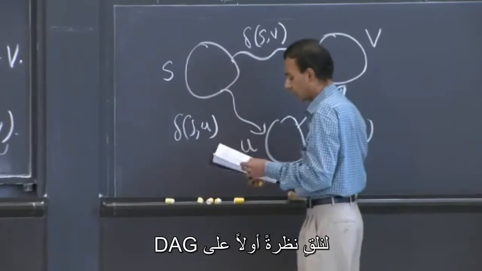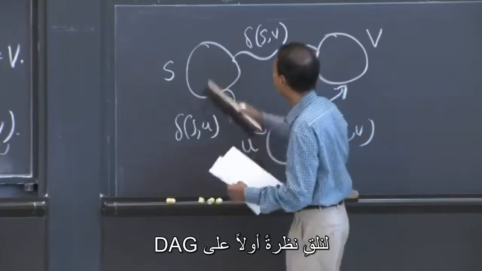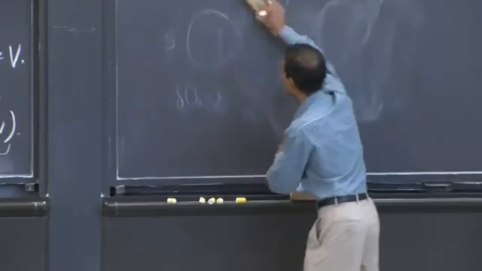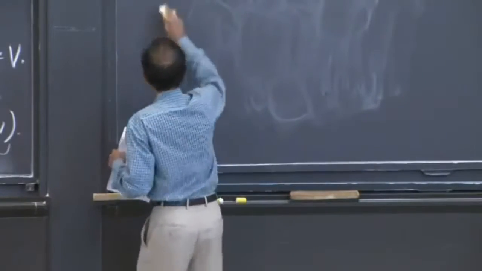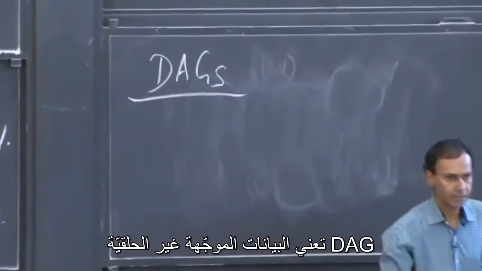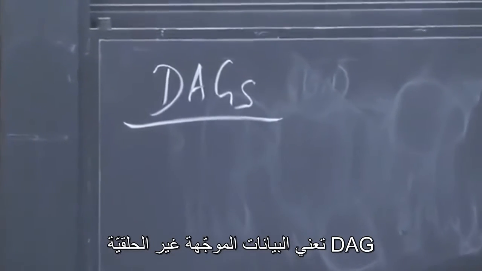Let's look at DAGs first. So DAGs stands for directed acyclic graphs.